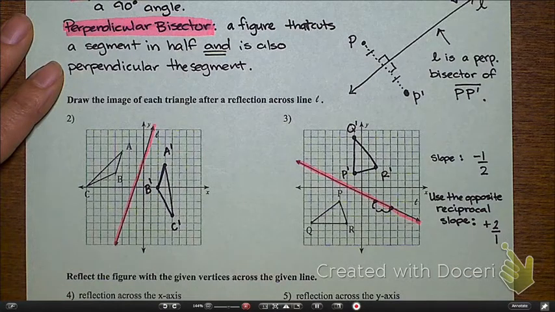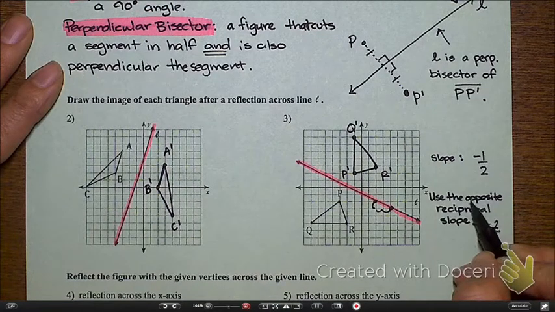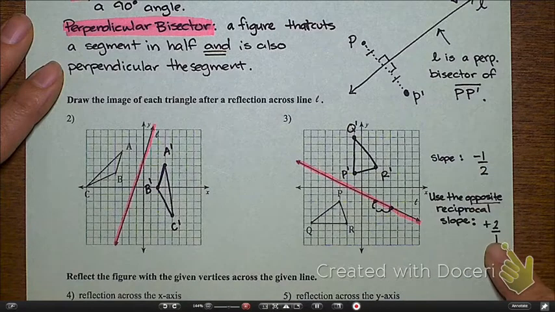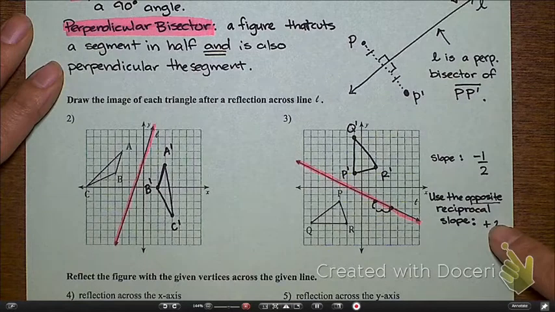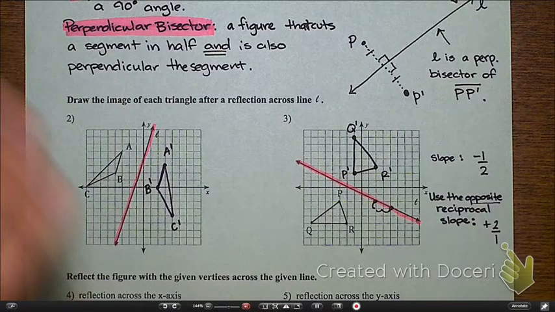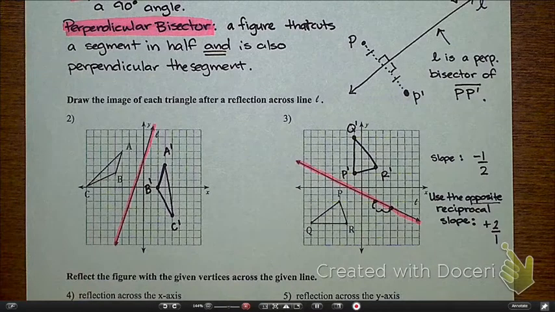Because we're using the opposite reciprocal, and remember, opposite means that the sign changes. Okay? Now, why do we use the opposite reciprocal? We use the opposite reciprocal because we know that lines that have opposite reciprocal slopes are perpendicular, right?